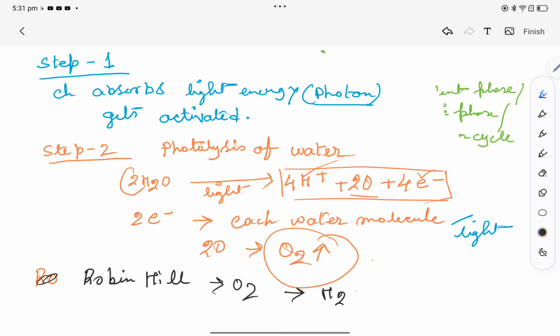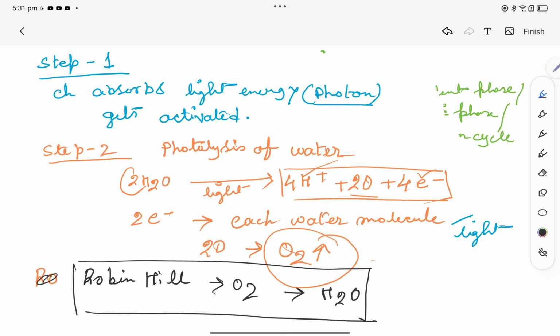The oxygen released in photosynthesis comes from water. That's why this reaction is also called Hill's reaction. Next we are going to go to our third step.